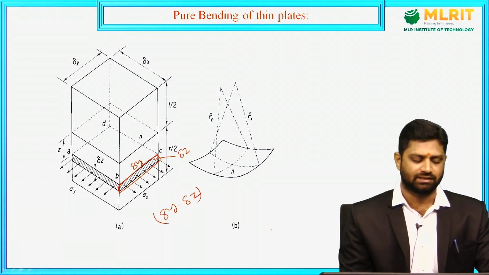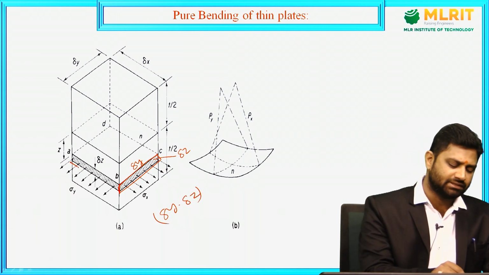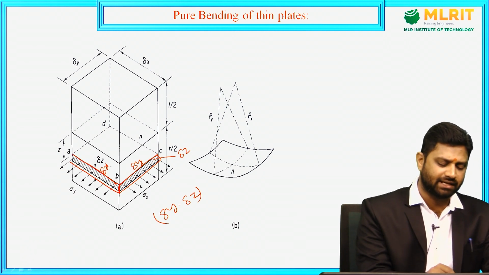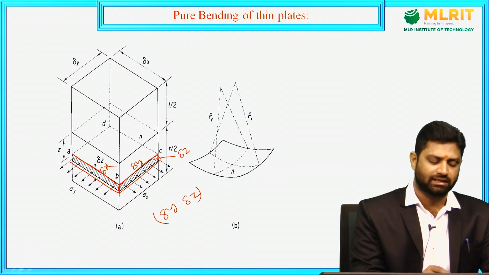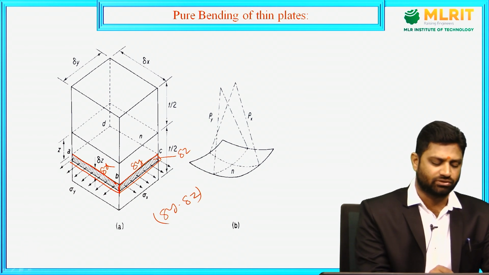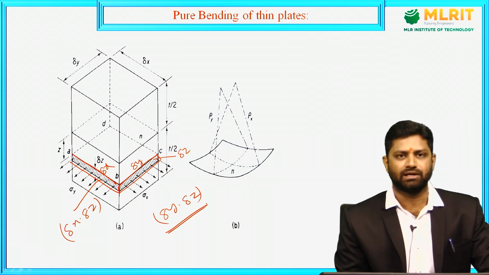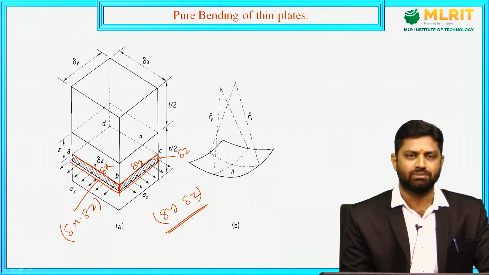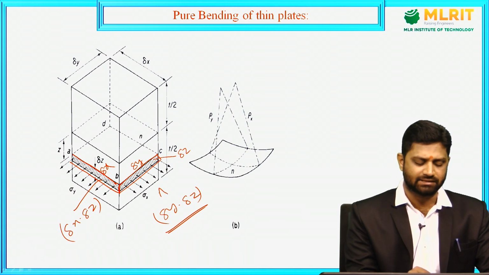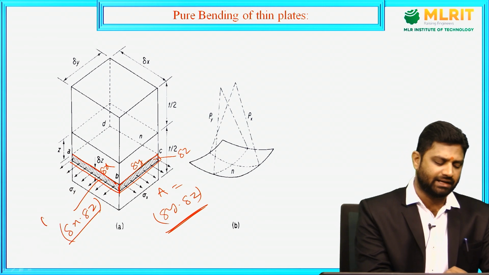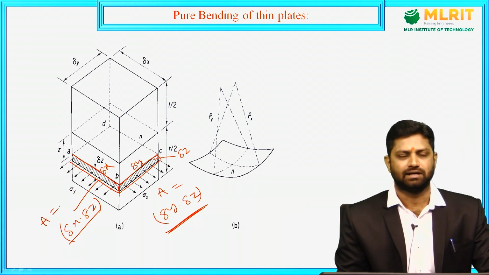Similarly, when you consider the horizontal strip here, this length is delta x, the elemental length, and the thickness is delta z. So for this case, you can write the area as delta x into delta z. For the first equilibrium equation, we write the area as delta y, delta z, and for the second equation, we write the area as delta x and delta z.